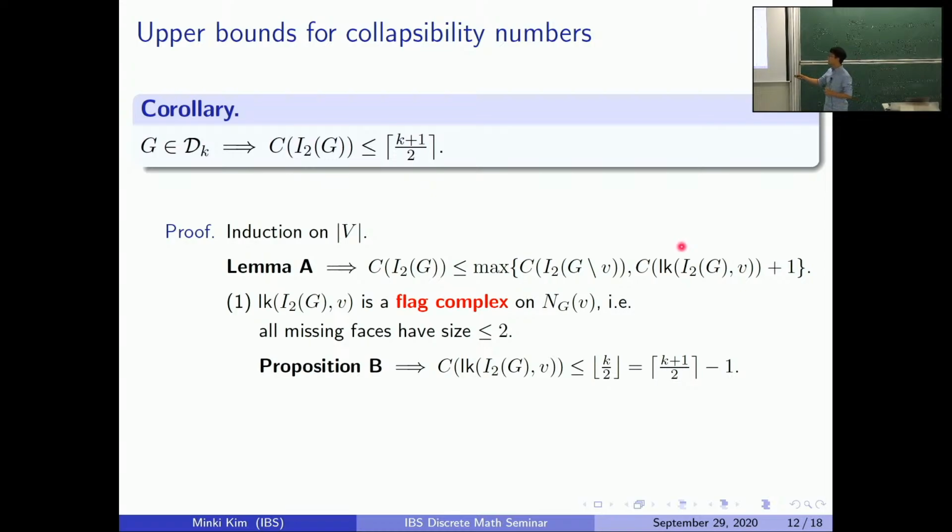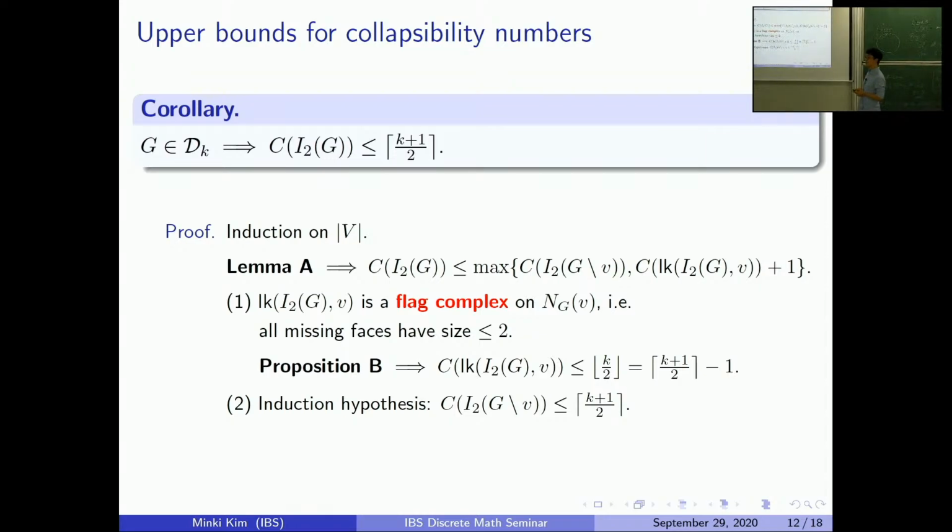But because we are looking at graphs with degree at most k, if you look at the link of v in the clique complex, then the vertices in the link will be the neighbors of v. So we can bound the number of vertices by k. So it will give us this bound. So we are done.